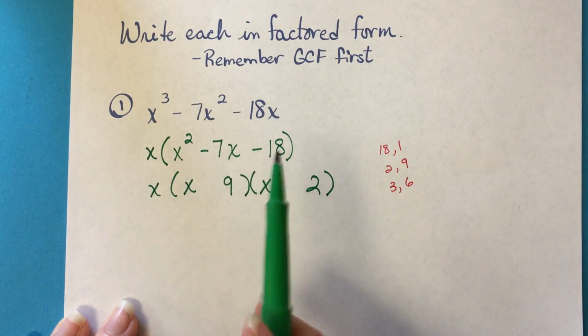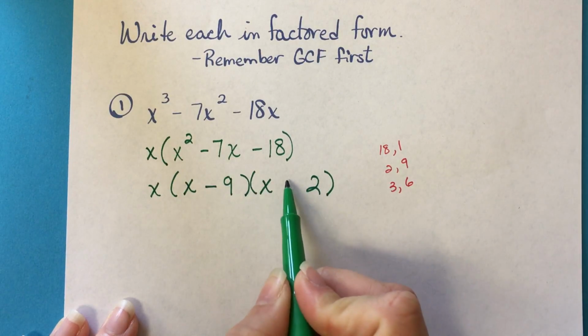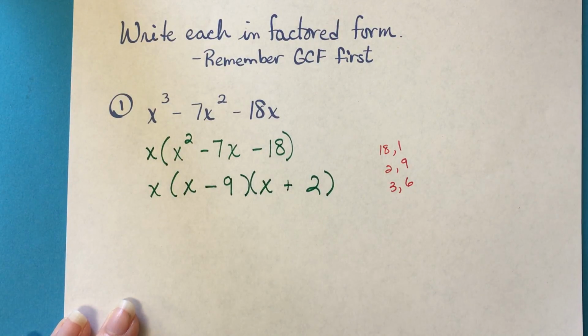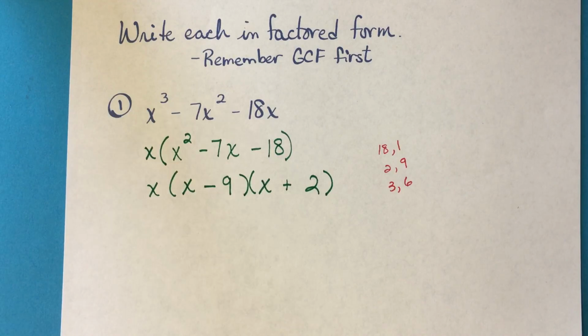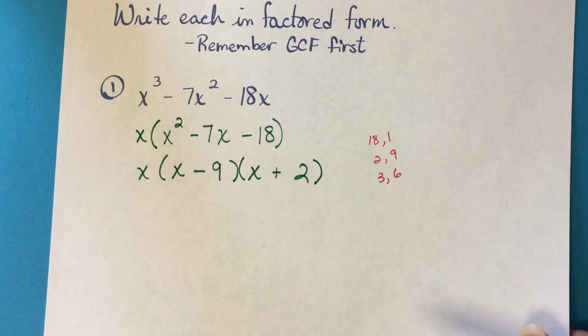In order to get a -7, I need to have a -9 and a +2. So you actually did some of this with greatest common factor first and then the other step of factoring. A lot of the times in chapter 4, your greatest common factor happened to be just a number, where in some of these cases you're going to actually see variables. Okay, a couple more examples of factoring.